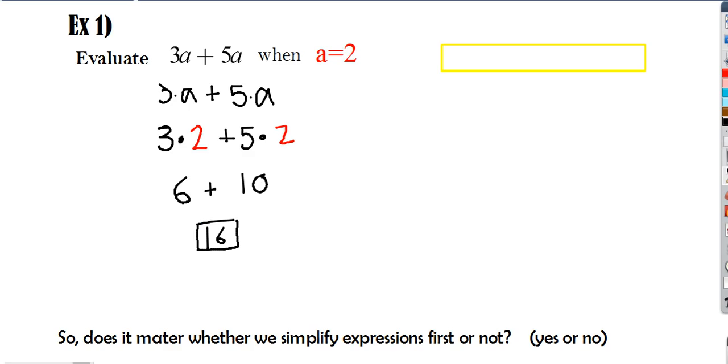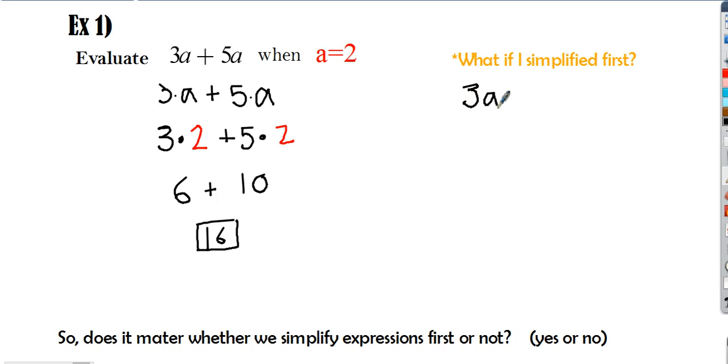Now, one thing you might have noticed is that in this expression 3a plus 5a, these are like terms. So you can actually simplify these expressions first. So what if we did that? What if we combined the like terms and simplified it? So what I mean is 3a plus 5a, they both have a's, so you can add them, and that's going to equal 8a, right?